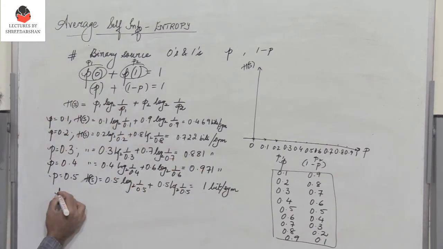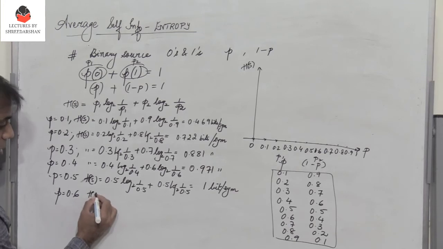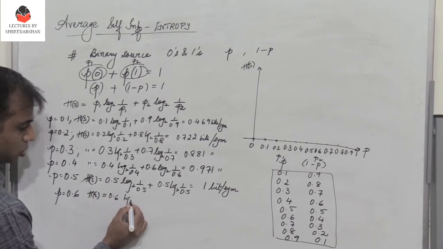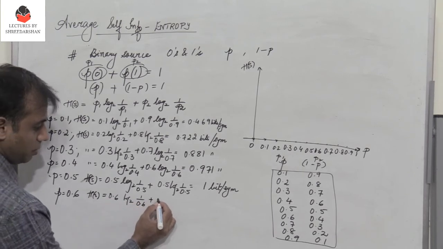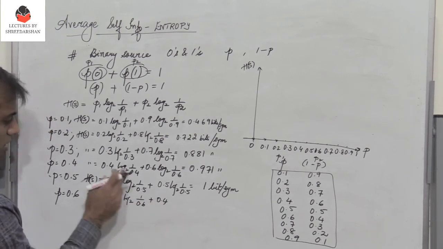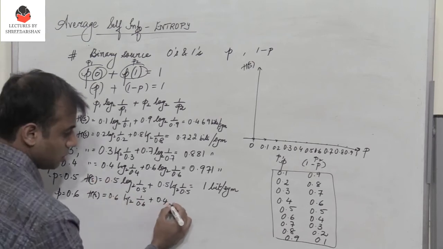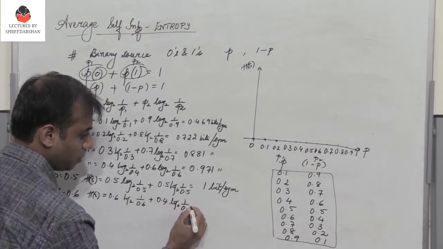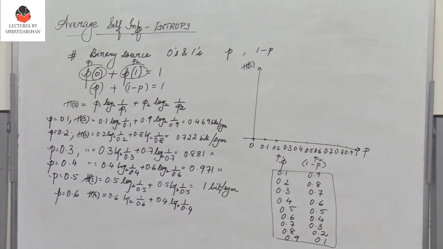Now what happens when I put P equal to 0.6? I'll just do it for one. For the remaining you'll have to do it on your own. H of S is 0.6 log to base 2 1 by 0.6 plus, this is 1 minus 0.6, 0.4 log to base 2 1 by 0.4. So where do I have this?